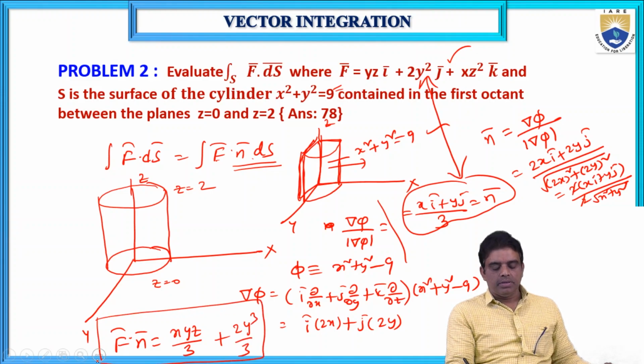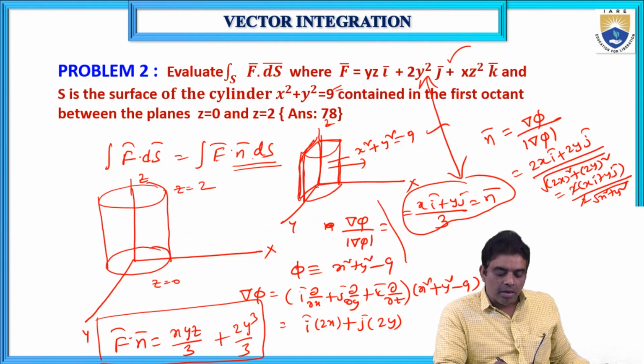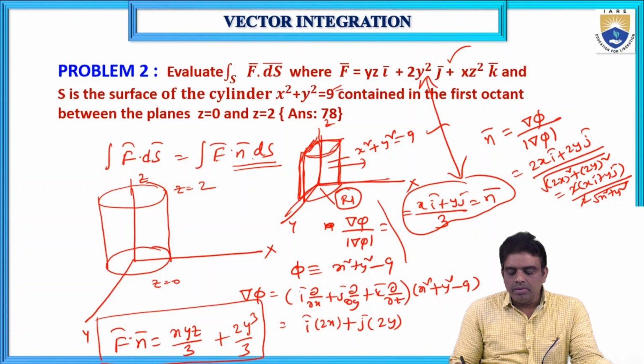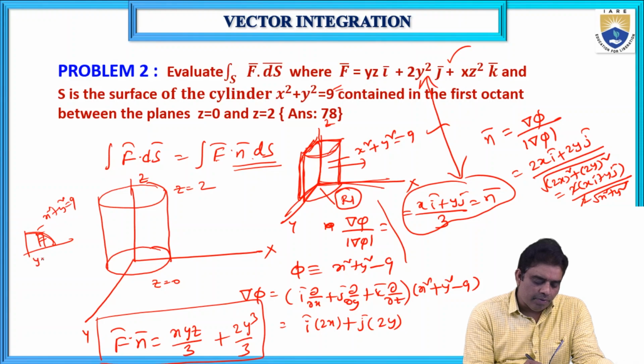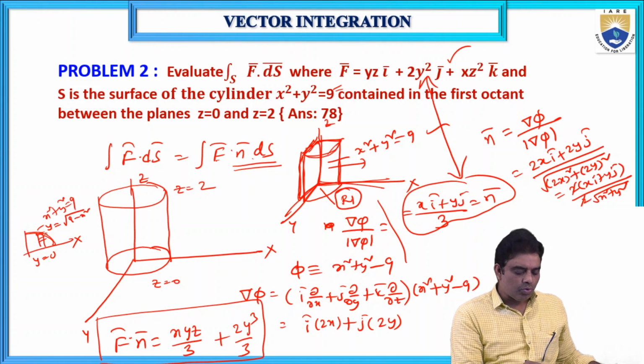So this is the function to be integrated. If you consider the projection of the cylinder in the xy plane, let it be R1. In the xy plane it is the part of the circle x square plus y square is equal to 9. I'm considering the strip inside the region, with y from 0 to root of 9 minus x square, and x varies from 0 to 3.